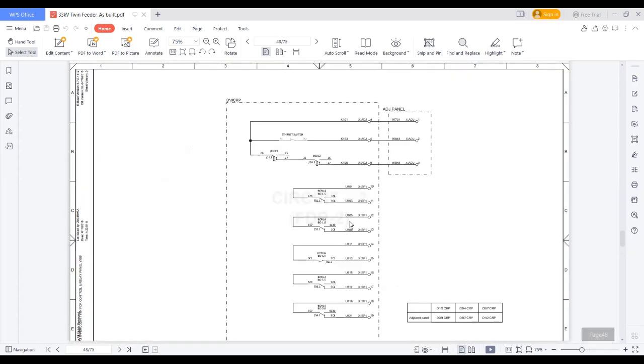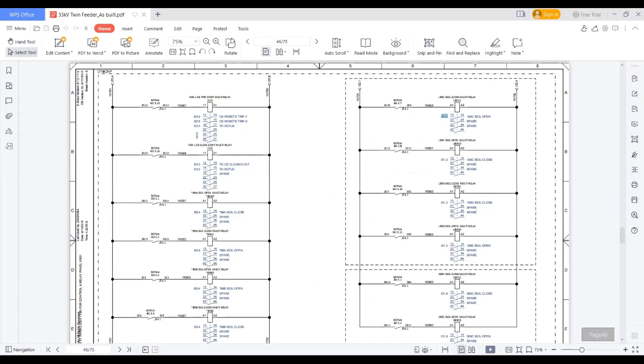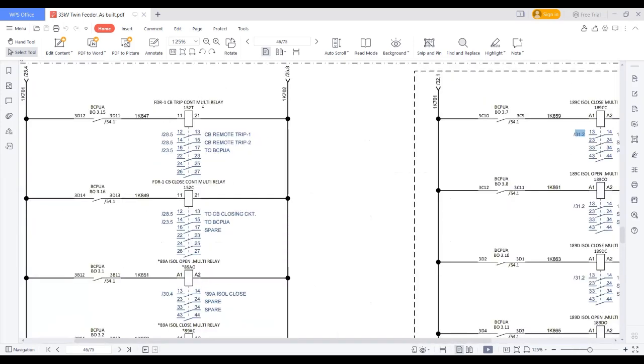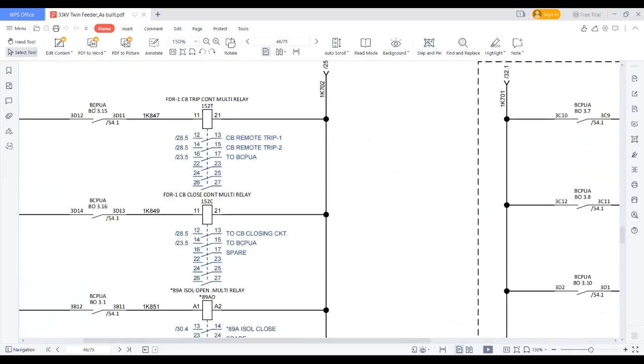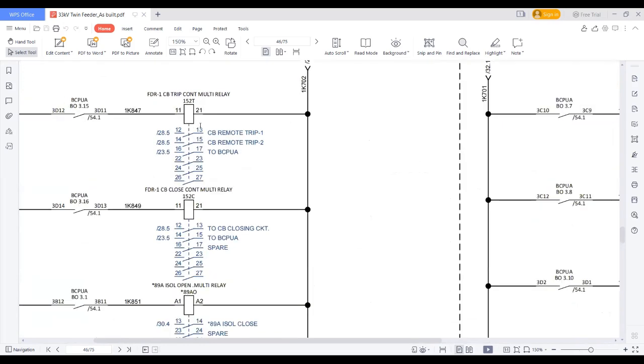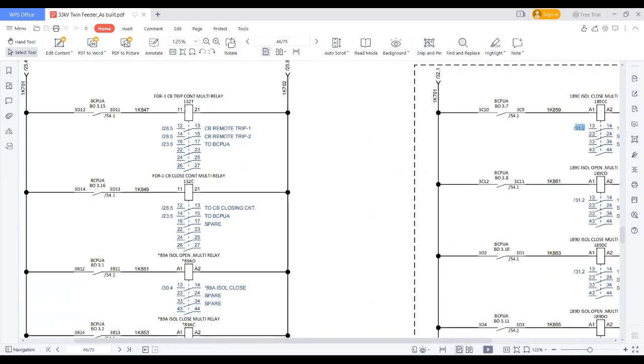So coming to the review part, you have to look into, suppose, let's take this. This is the one output. When a binary output from the BCPU, if the BCPU gives the signal, this will make, and then it gives a command to the trip contact multiplication relay 152T. So where am I using this 152T? Go to page number 28.